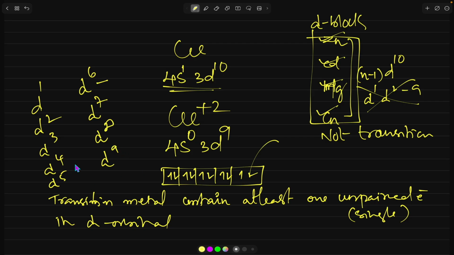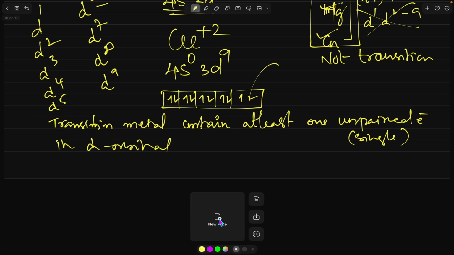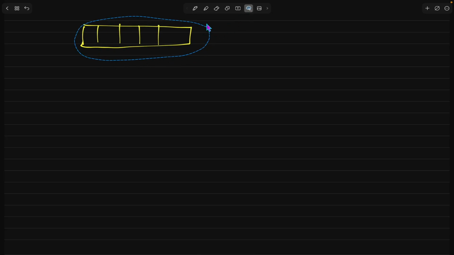If you want me to draw, I can draw these electronic configurations also. Look, I'll draw a box here for the d1 configuration. This is the box. Look at the electron configuration here, okay.